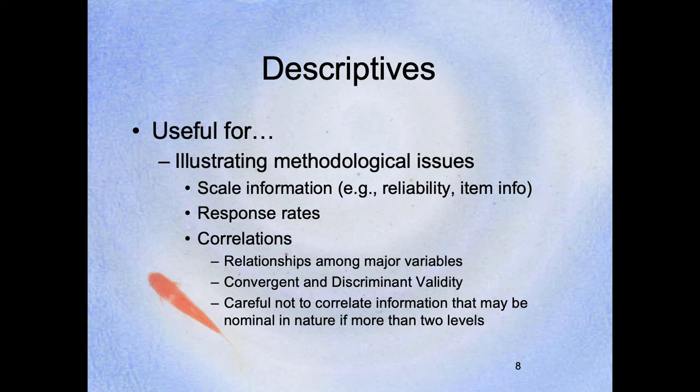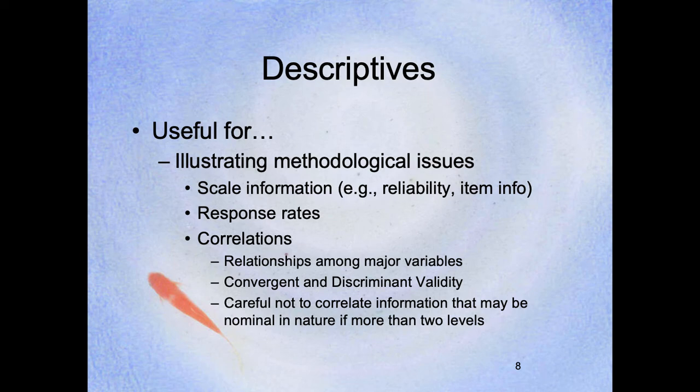So let's say you have a scale of anxiety that should correlate with your scale for depression or anger, probably in some small way. And if they correlate, which you expect, we call that convergent validity. It's converging evidence that what you're measuring is being measured accurately. We also look for discriminant validity evidence, which is things that shouldn't correlate, don't.